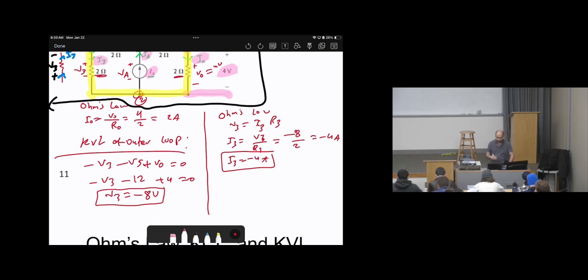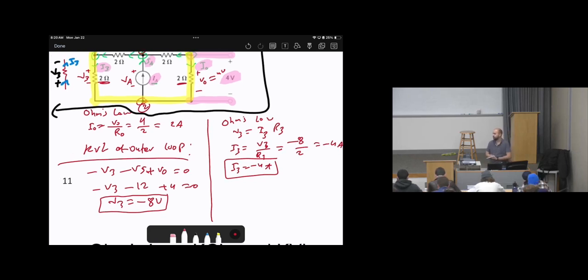Again, my target is to calculate IA. Yes? Do you prefer breaking it up into KVL and Ohm's law, or could we just plug in Ohm's law into KVL and solve it straight for I3? Yes, this actually can be a shortcut. If you want to, let's see here. Yes, you can plug it in. Right, correct.